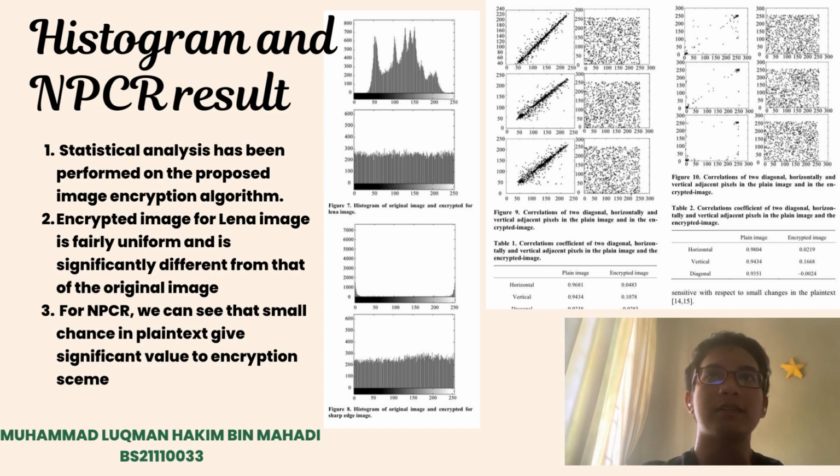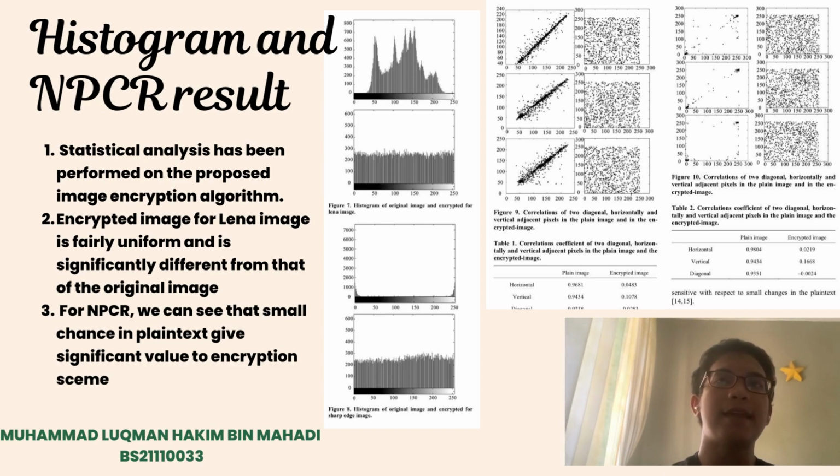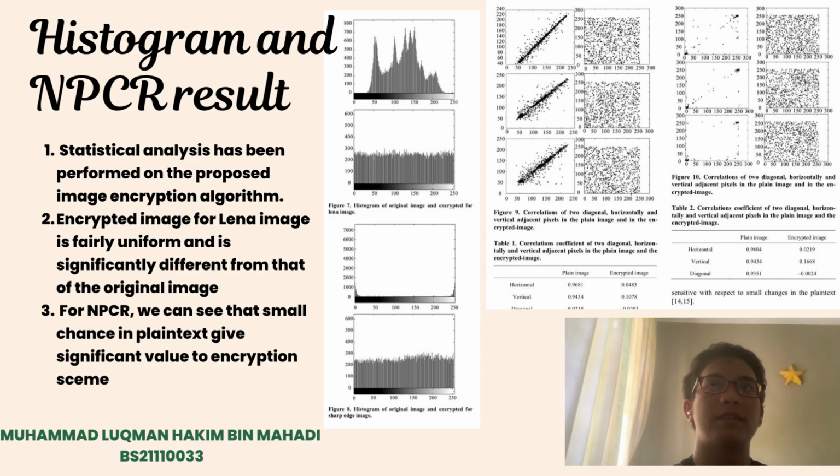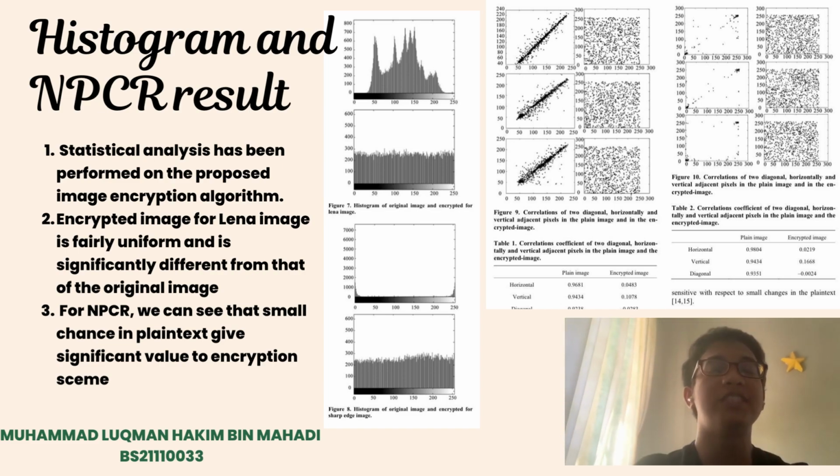The histogram for the encrypted image is fairly uniform. The meaning of uniform is that the image is meaningless, and the pixels of the image are also fairly uniform. All of the pixels are fairly the same.